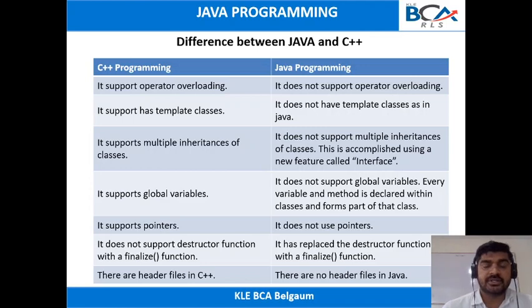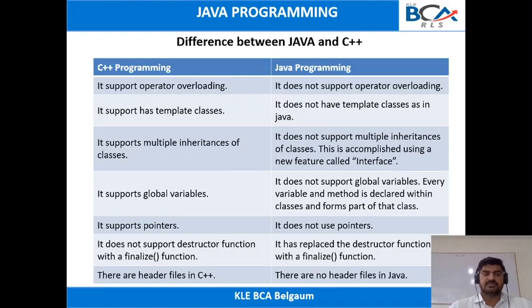Operator overloading is like compile time polymorphism, where a special meaning is provided to operators. That is possible in C++. To avoid ambiguity, operator overloading is not supported in Java. That is the first difference.